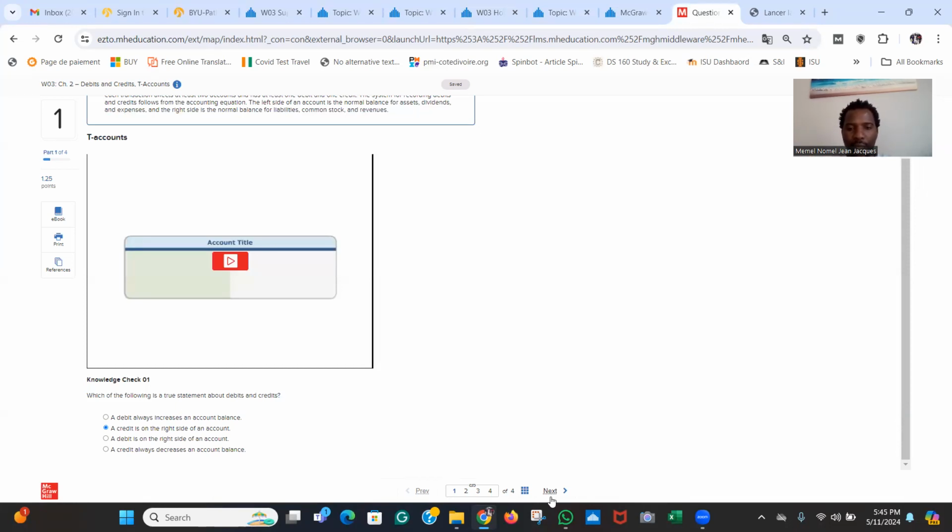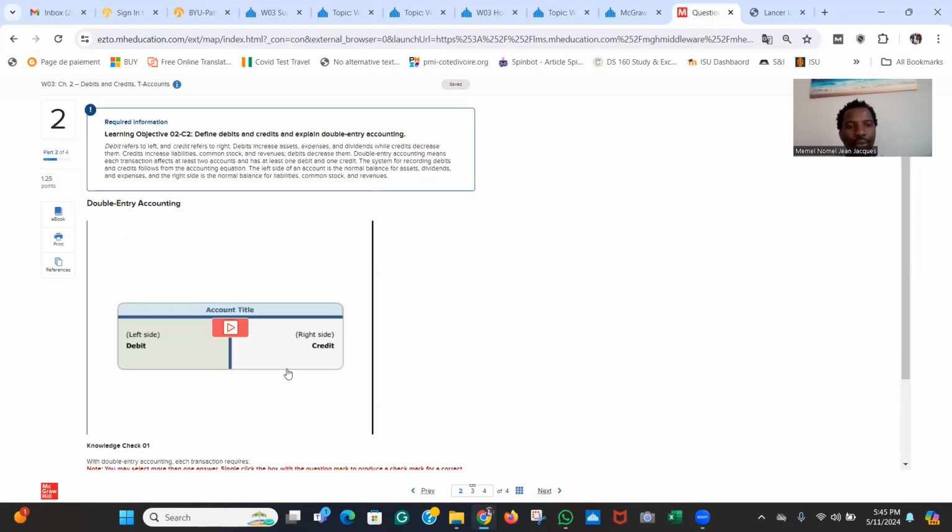Now let's go to the second question. They're asking, with double entry accounting, what does each transaction require? For double entry accounting, it means that for the T account, we need two different accounts.